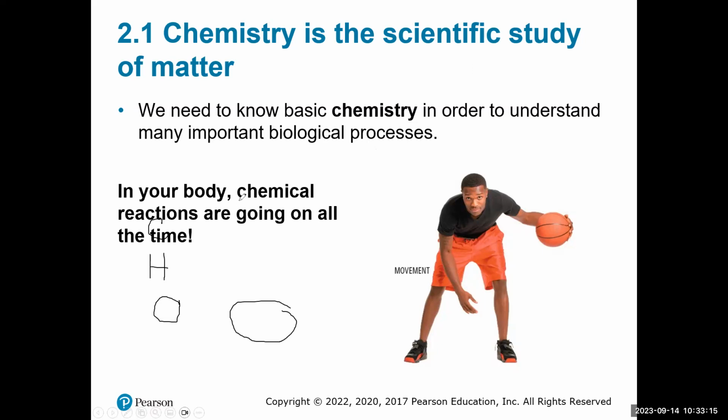In our body, we have chemical reactions going on all the time. It's how we make energy, how we break down our food. Everything that we do is based on a chemical reaction. So biology and chemistry are really tightly linked together. Everything is a chemical system, right? So chemistry does all of it.